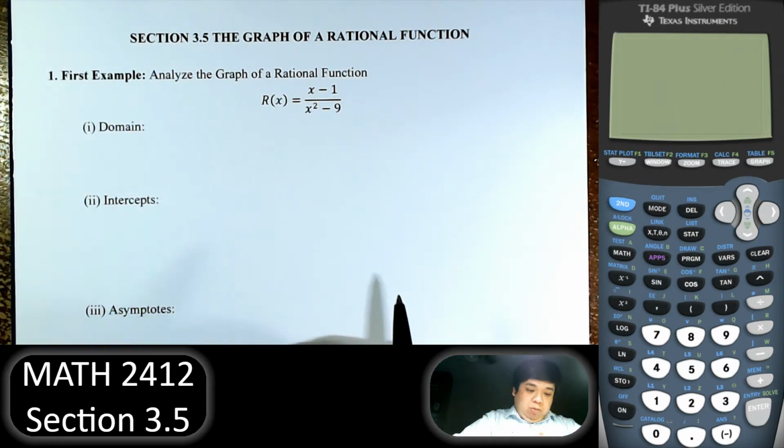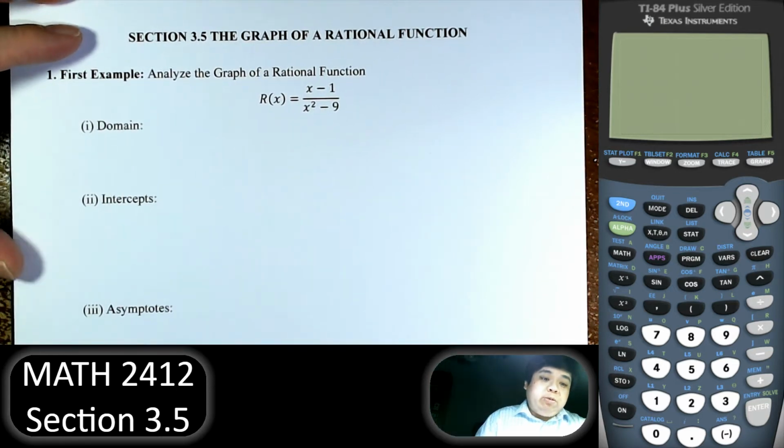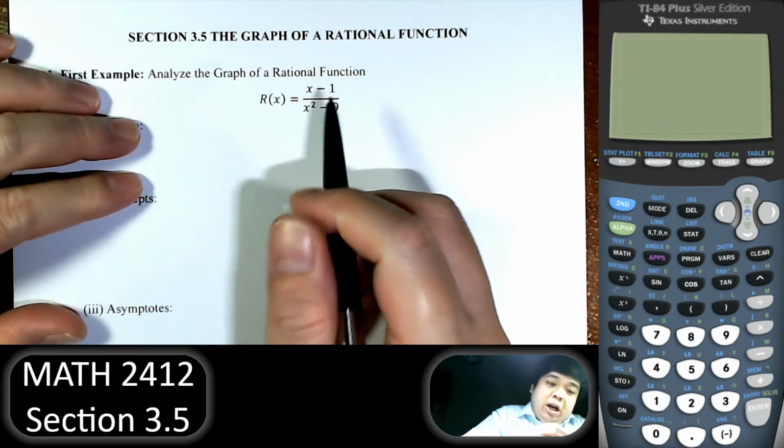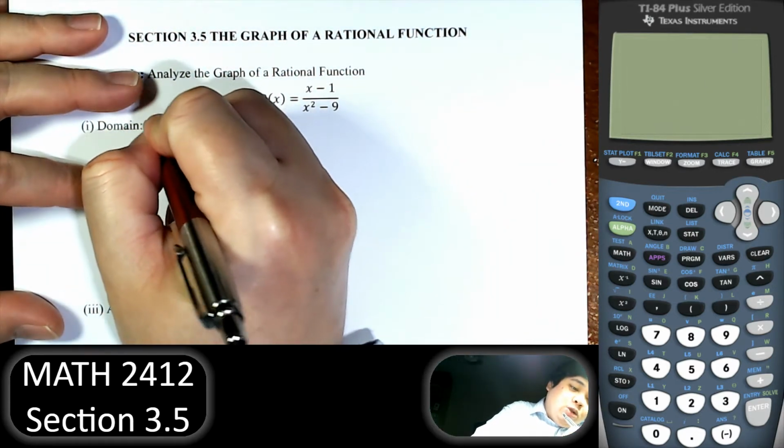These are a few steps that we can do for a rational function. So first, we'll state the domain of the function. The domain, as stated before, is where the denominator is not equal to 0.